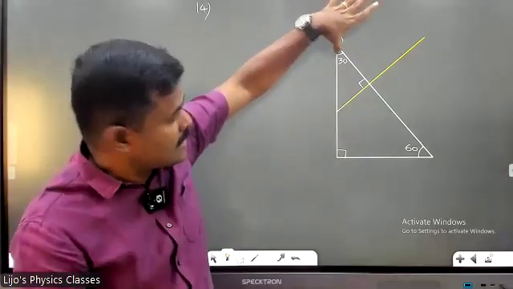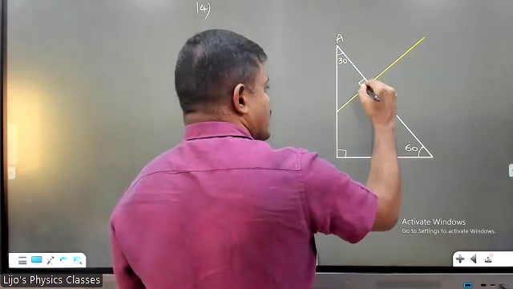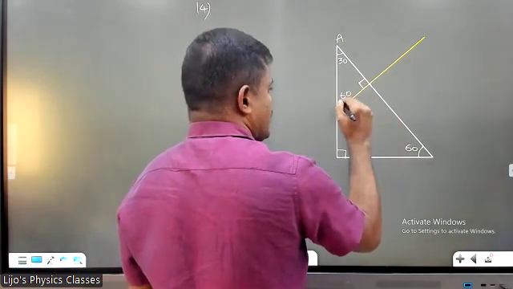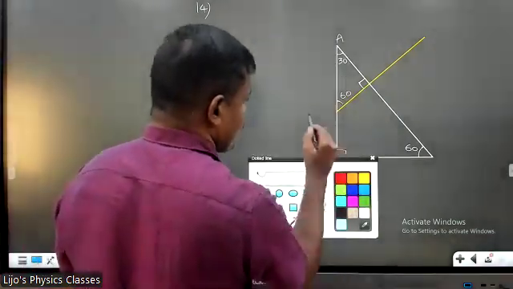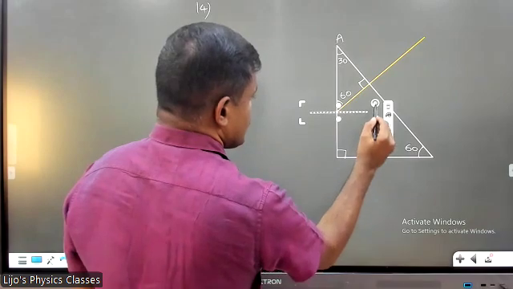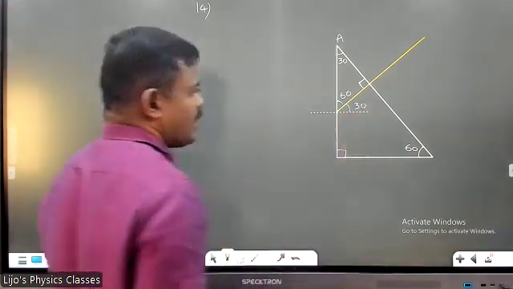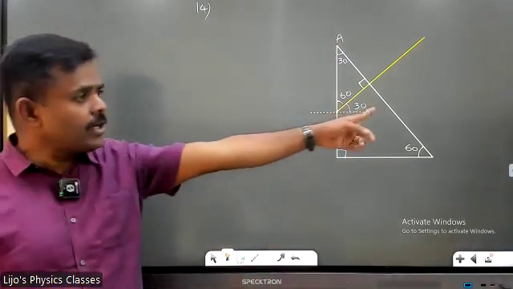Then this must be 30. Then this is already 90, 90 and 30, 120. This must be 60 then. I'll draw the normal here, and I'll mark this angle as 30, which is my angle of incidence. That angle is called angle of incidence.